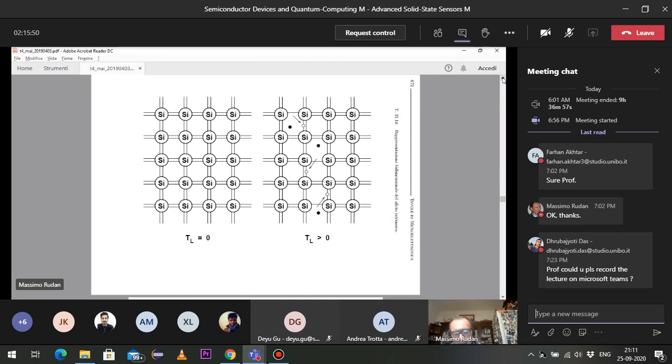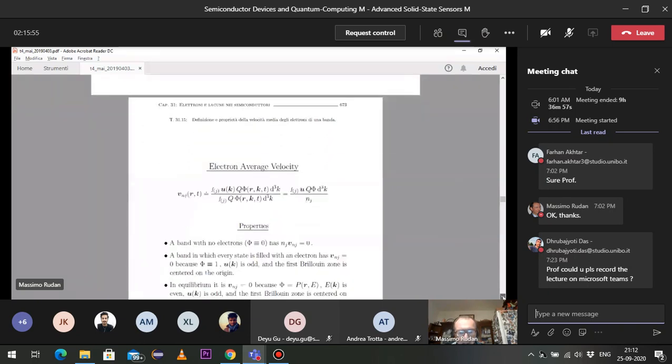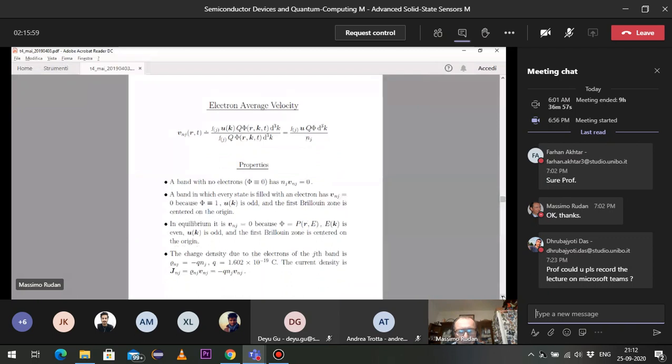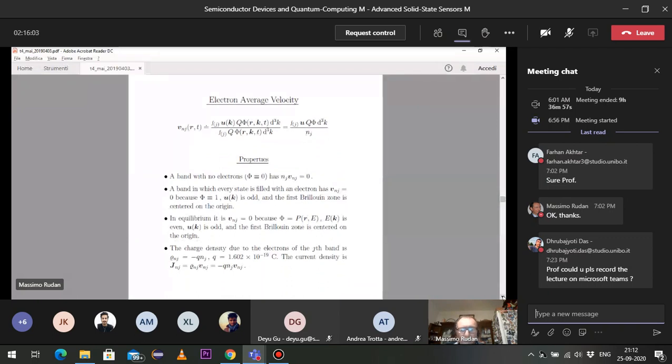So we now define the current densities, and we start with the definition of the average velocity of the electrons.